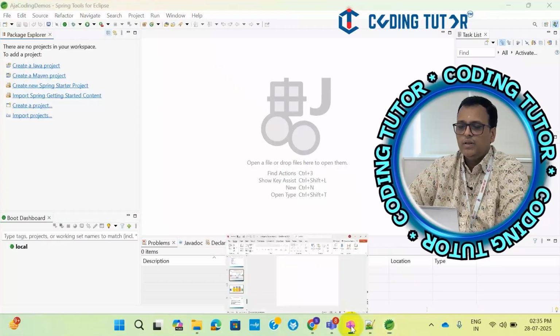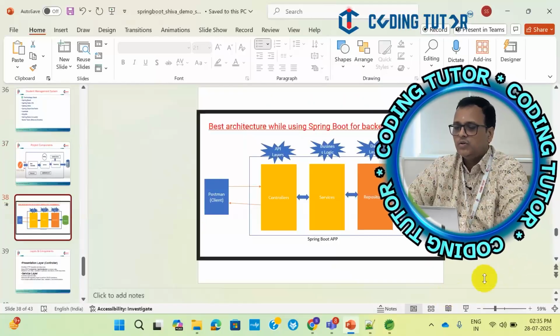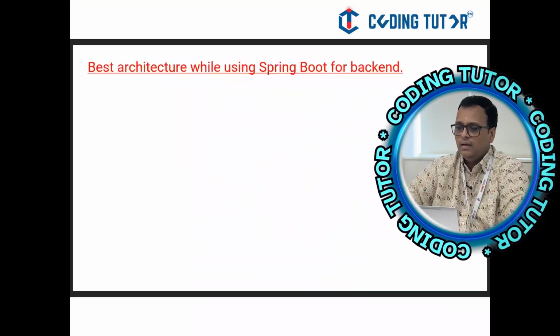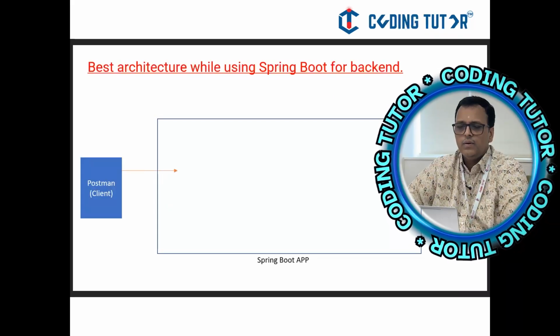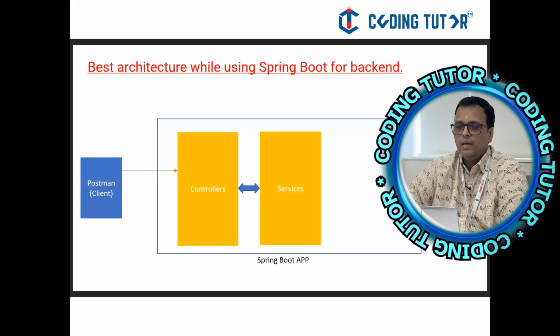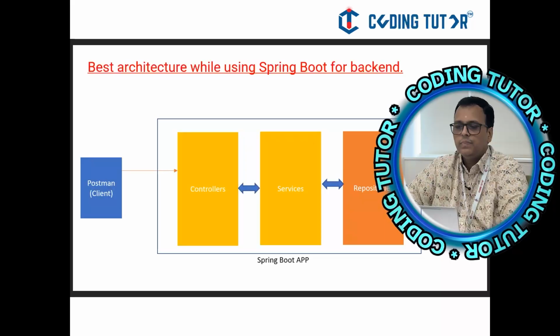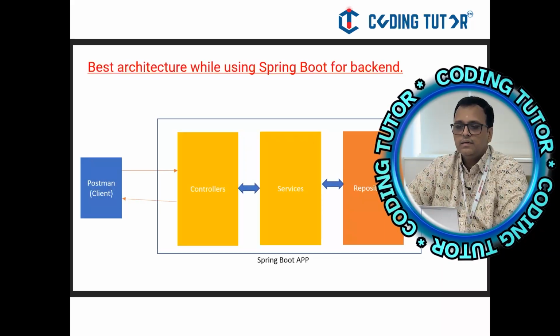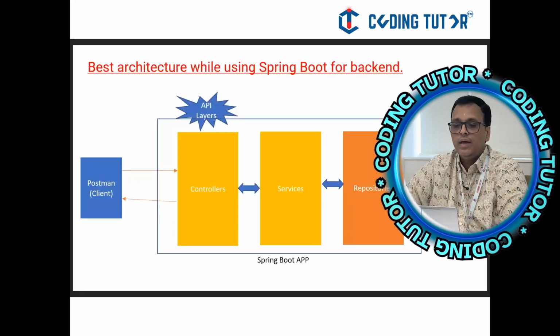When I'm developing the application, this is the architecture I'm following. Just let me show you. Look here: controllers, services, repositories, database. Controllers we can call the API layer.